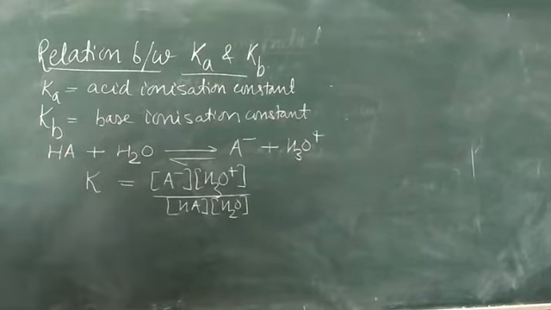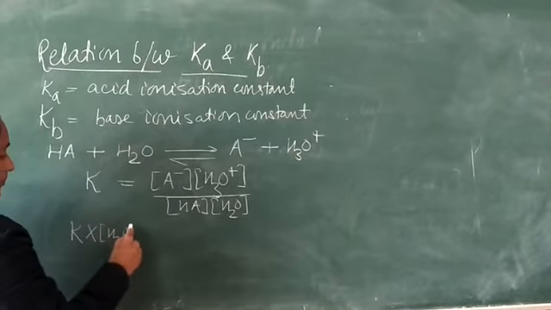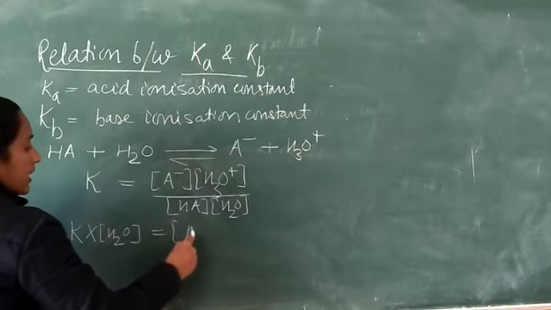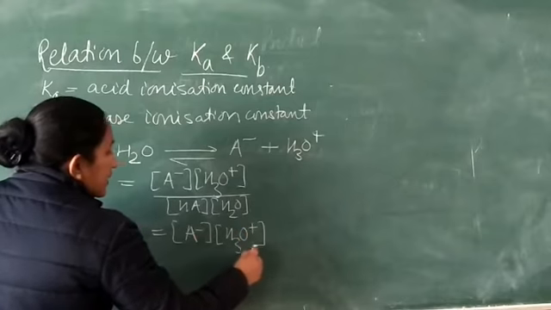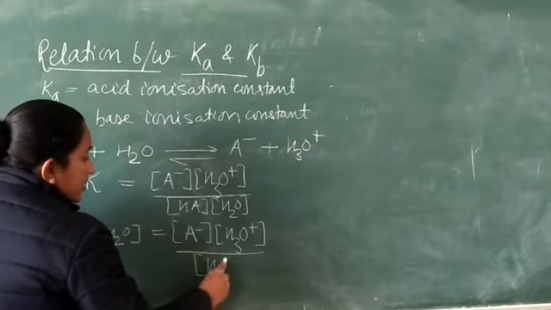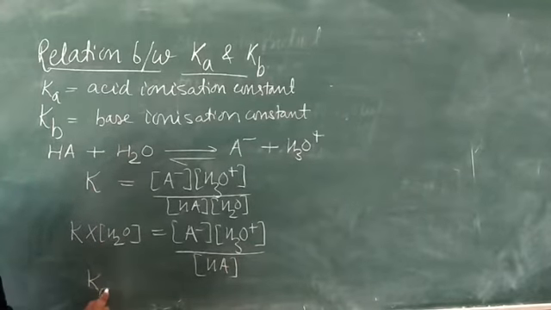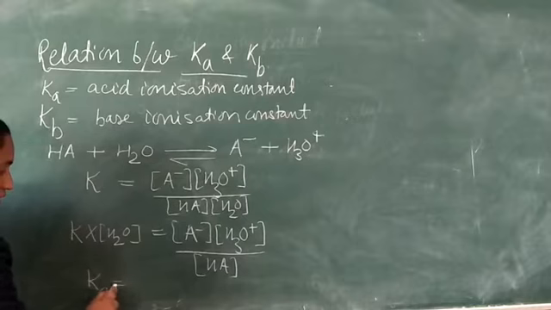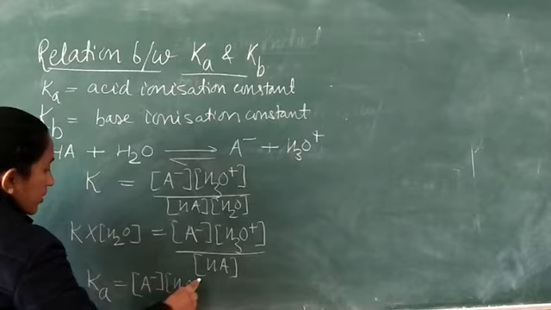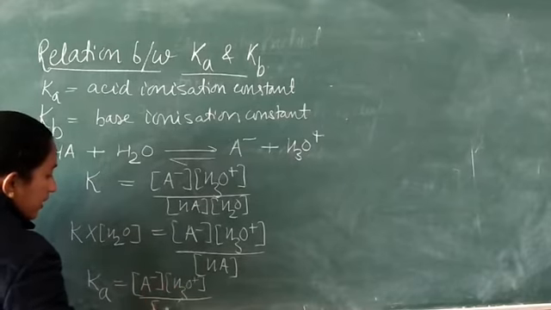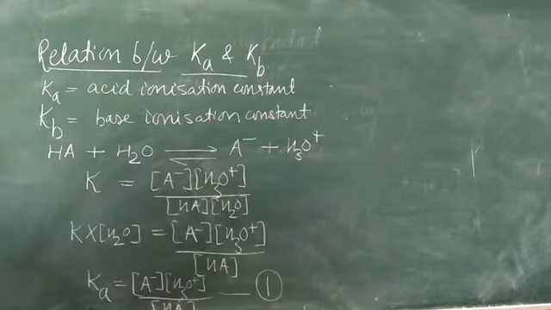Since water is in its pure state, it is a constant. So the expression can now be written as HA. So here K into H2O will become Ka, that is acid ionization constant, which will be equal to A negative H3O positive upon HA. This we will make to be equation 1.